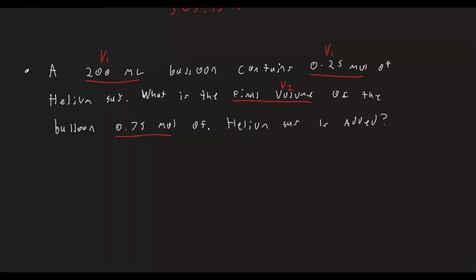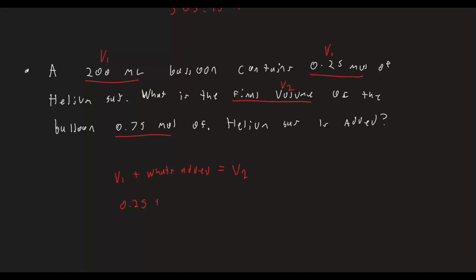So we need to take the V1 plus what is added equals V2. So the V1 is 0.25.